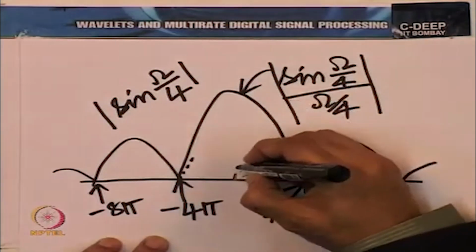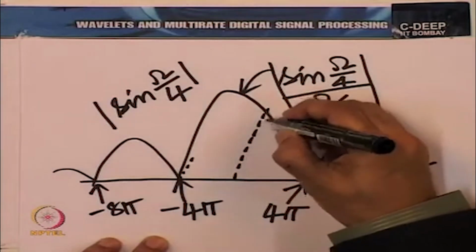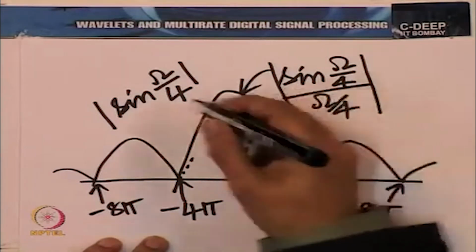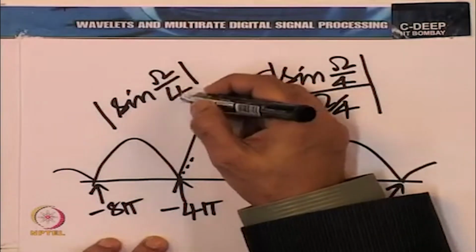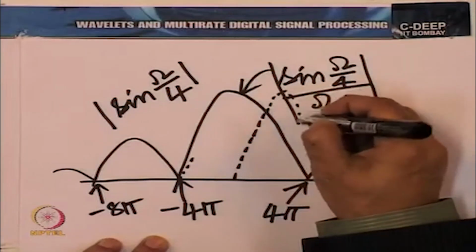So, that is going to look like this. It is going to have a maximum at pi by 2, and then it is going to cease omega by 4. So, one cycle will be completed when omega by 4 equal to pi, that is omega equal to 4 pi. So, you have one cycle being completed here.